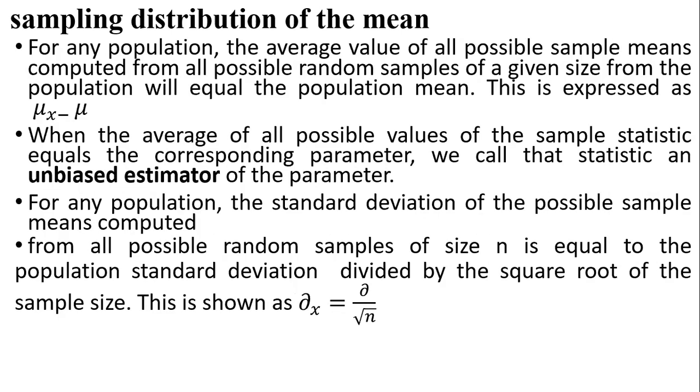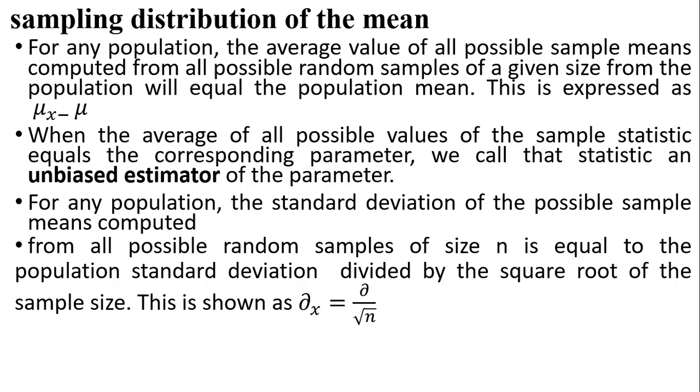Now, for any population, the average of all the possible means computed from all possible random samples of a given size from the population will equal the population mean. And this is expressed as mu x-bar equals mu.